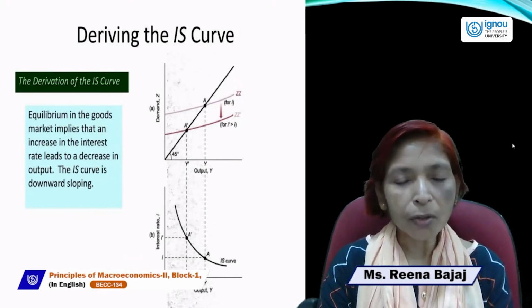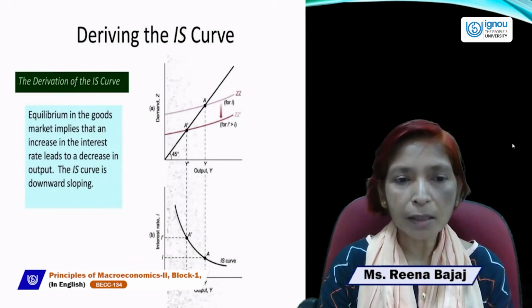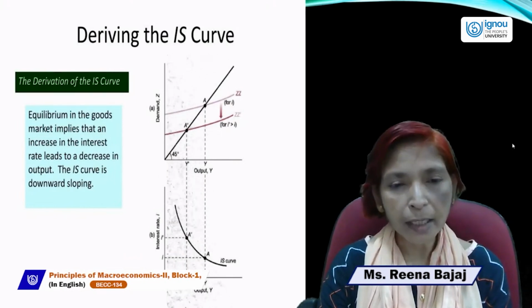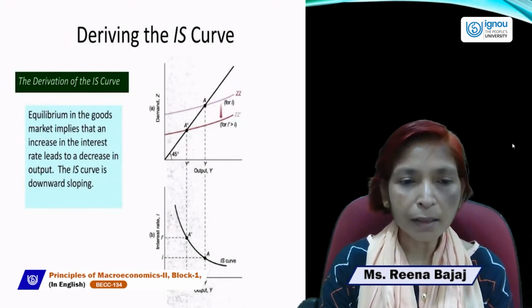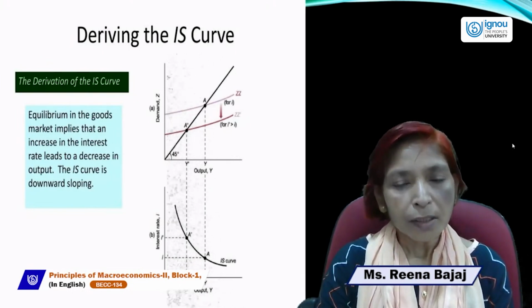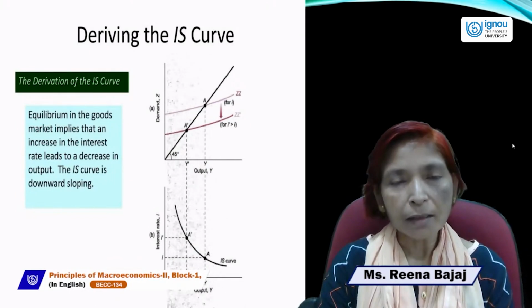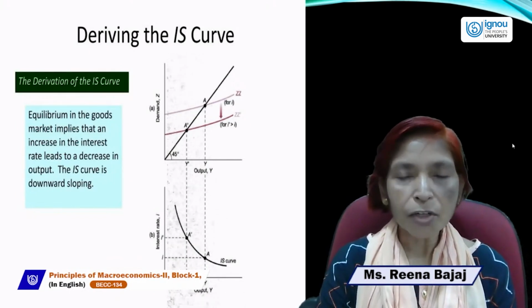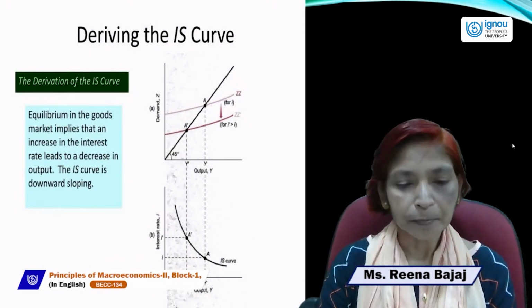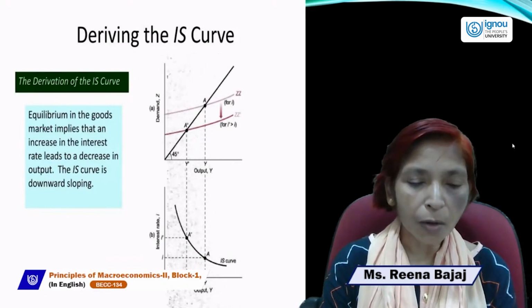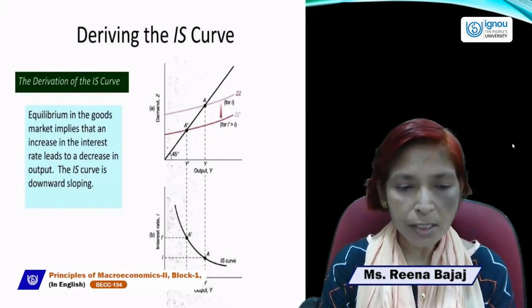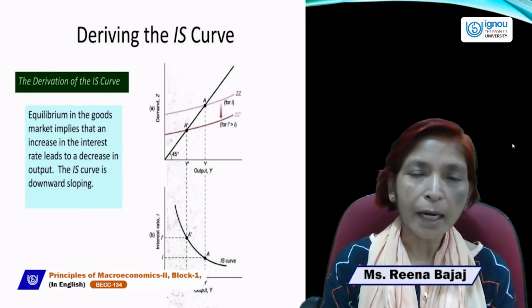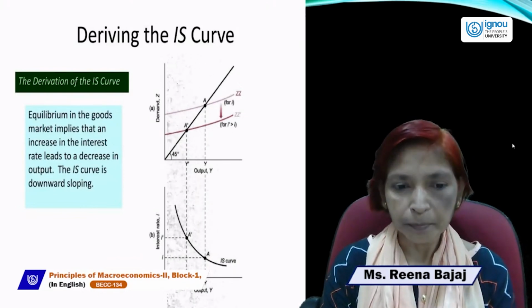And if we want to derive the investment saving curve with the help of this aggregate demand and aggregate supply curve, then we will draw another curve which simultaneously can determine the shape of the IS curve. The IS curve is always a downward sloping curve, which shows the inverse relationship between interest rate and the level of income.